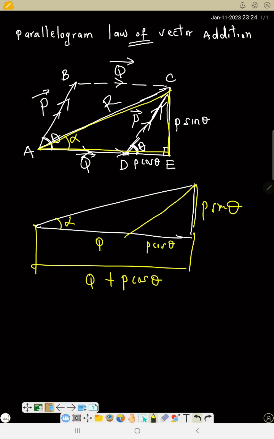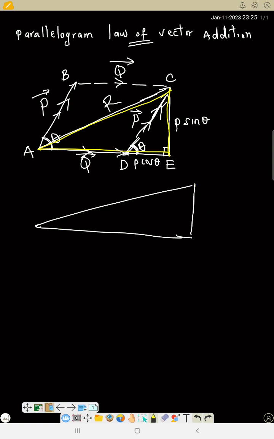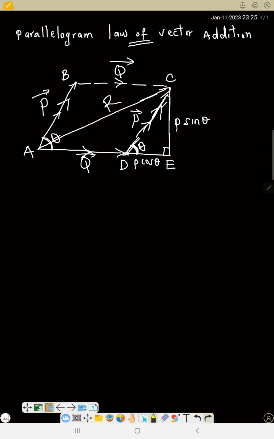So now, based on that illustration, total length here is q plus p cos theta, and from here to here is p sin theta.